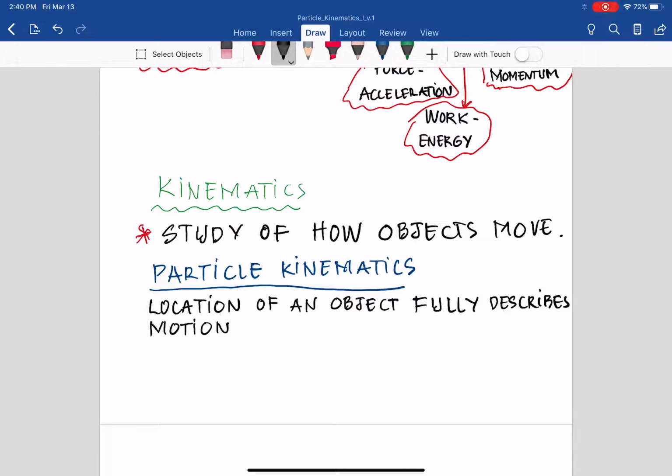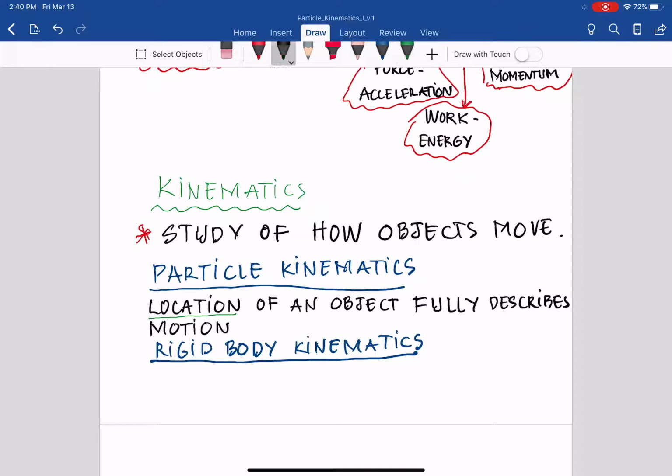And then the difference with the other kind, which is rigid body kinematics: in that one, not only the location, but we also need to know the orientation of the object.